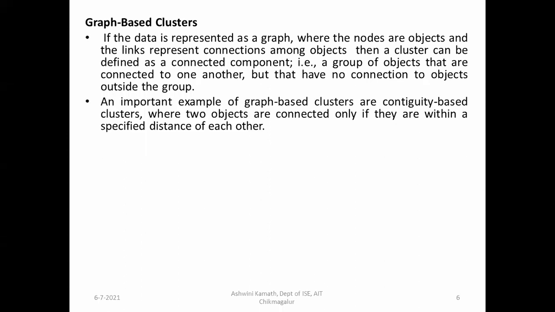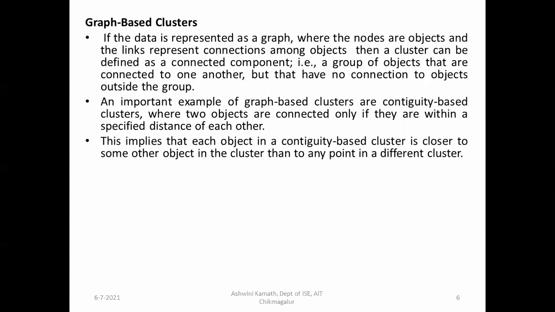An important example of graph-based clusters is contiguity-based clusters, where 2 objects are connected only if they are within a specified distance of each other. If 2 points are within a certain range, then only they will be connected.